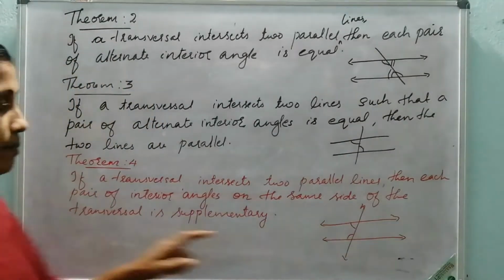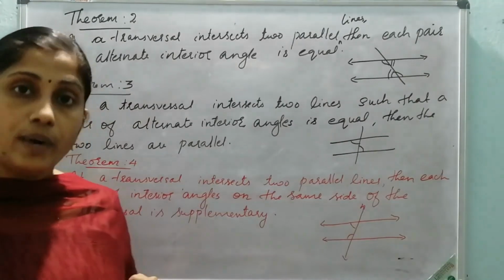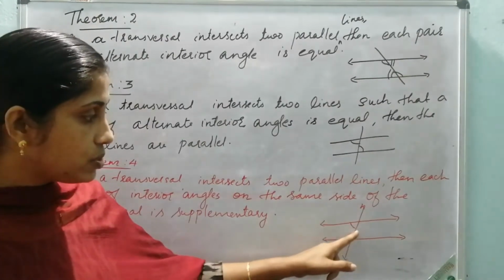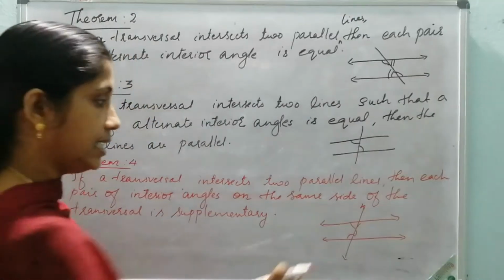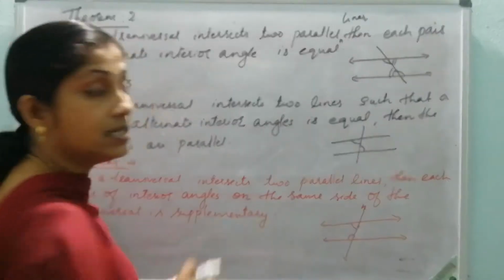Supplementary means the sum of these two angles will be 180 degrees. Also, the sum of these two angles will be 180 degrees.